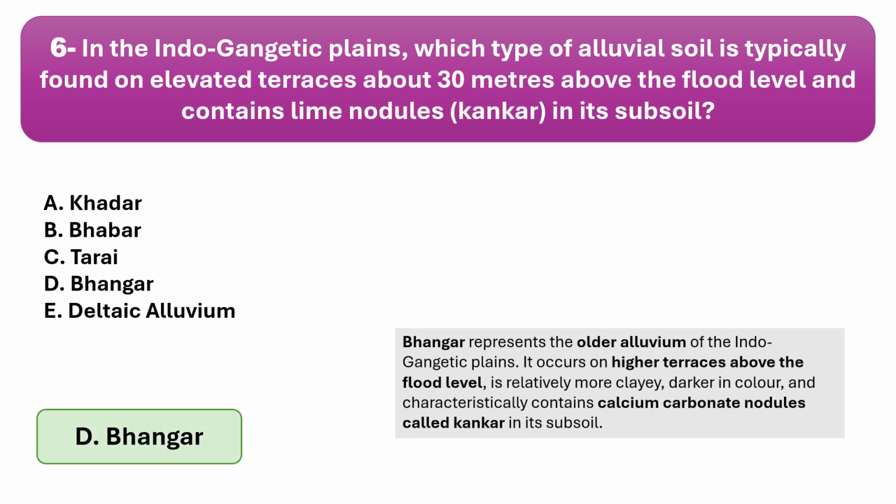See, the Bangar represents the older alluvium, whereas the Kadar represents the newly formed alluvium, which is situated near the flood-prone regions. Bangar is present above the levels of Kadar and also contains minerals such as calcium carbonate nodules, which is also called Kankar, in its subsoil.